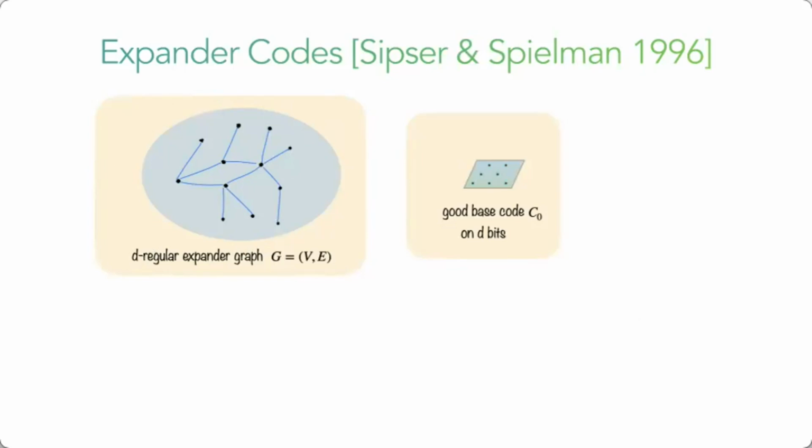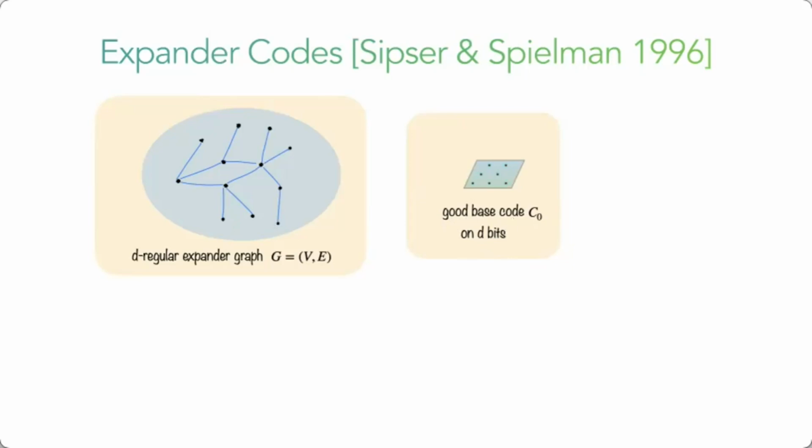So we have an infinite family of D-regular graphs. And we also have one base code, which is a code on D bits. D stays constant. It's just some subspace of {0,1}^D. When I say good here, I just mean that it has sufficient rate and sufficient distance. We'll see in a minute.